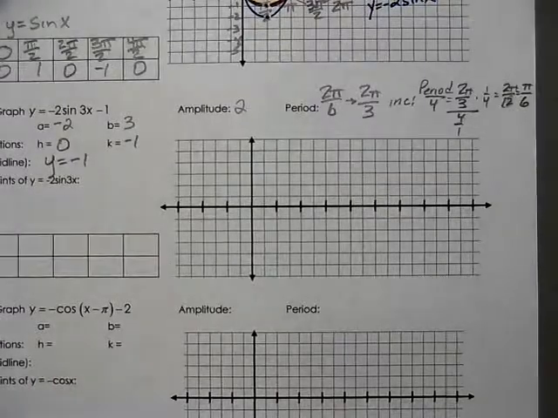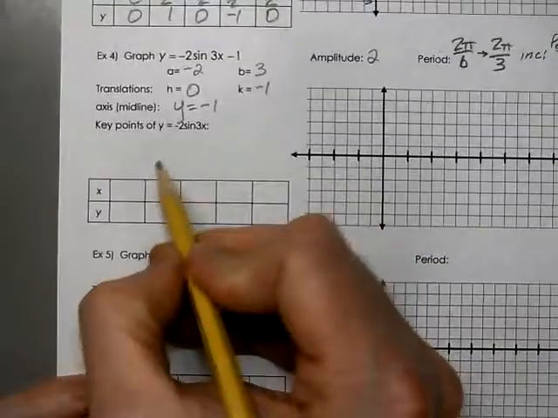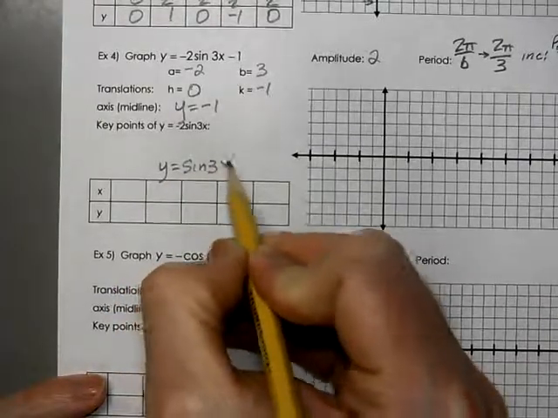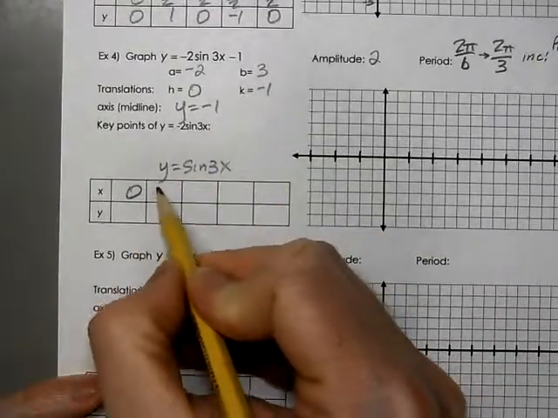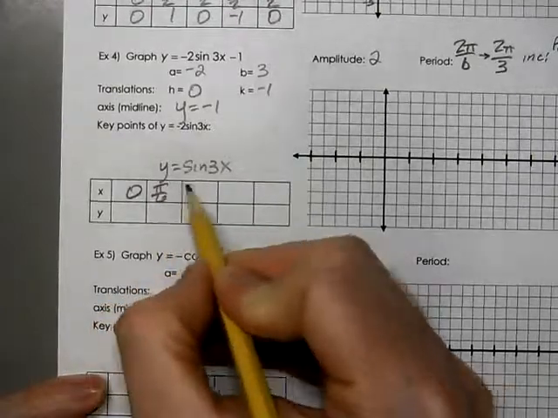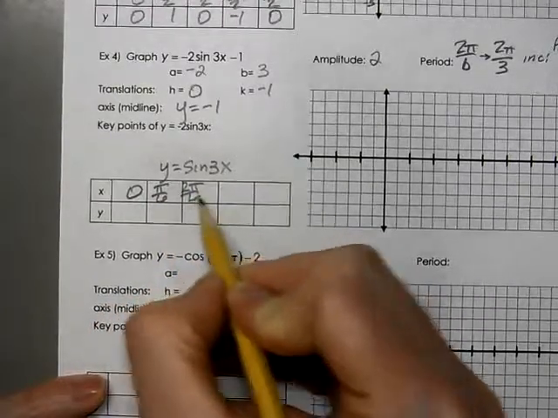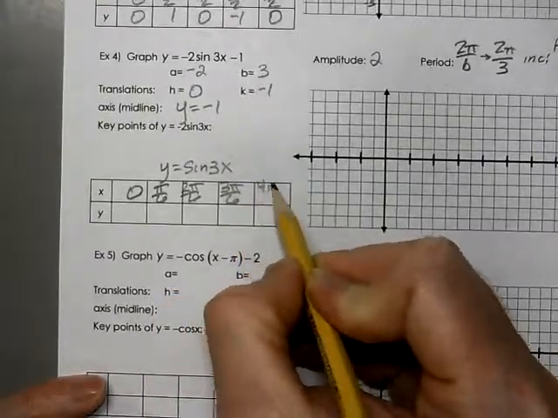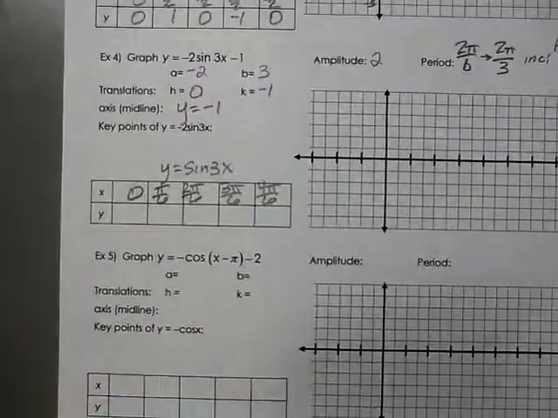So when we have pi over 6 as an increment, that's the amount that our x values are going to change. So at our table, as we try to graph y equals sine of 3x, we're going to use these increments of pi over 6, 2 pi over 6, 3 pi over 6, and 4 pi over 6.